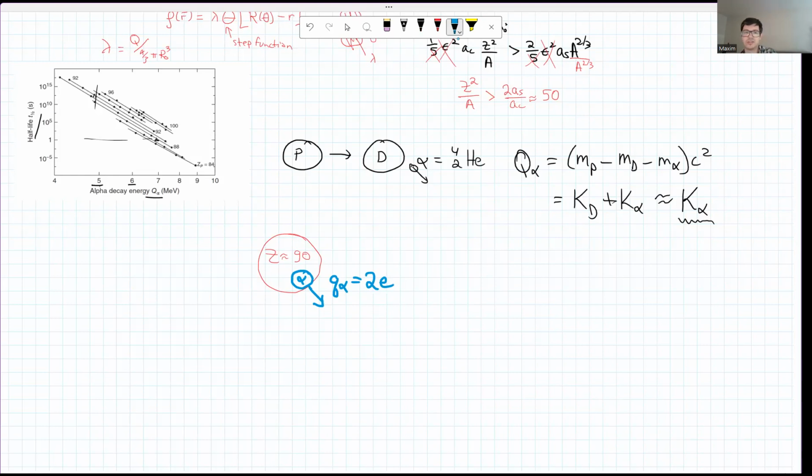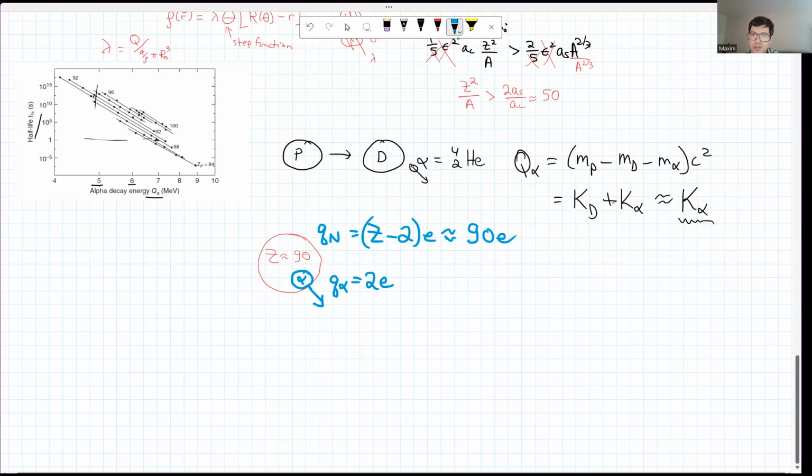And the nucleus has the charge Z minus 2, but basically it would be 90 e, like a typical value there.